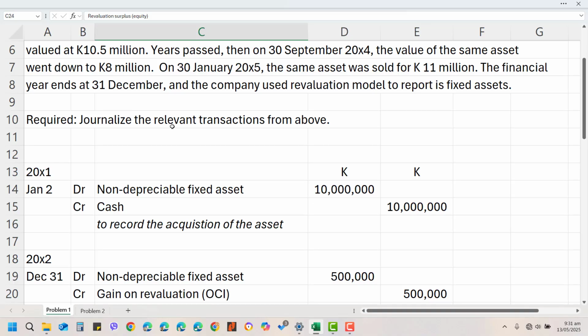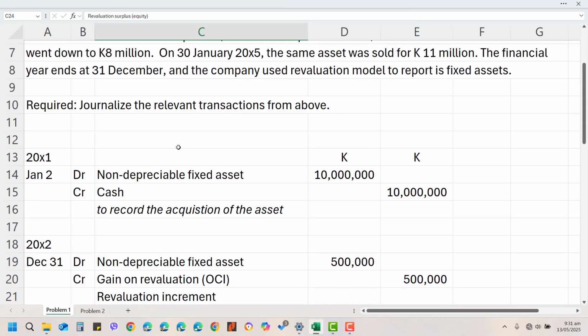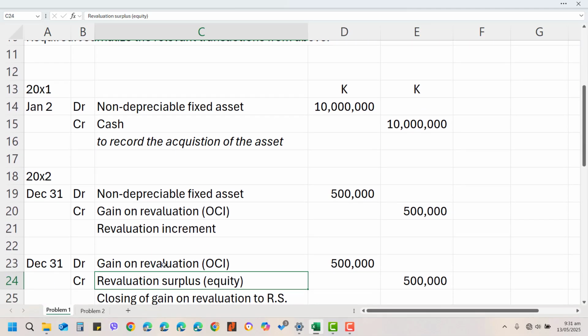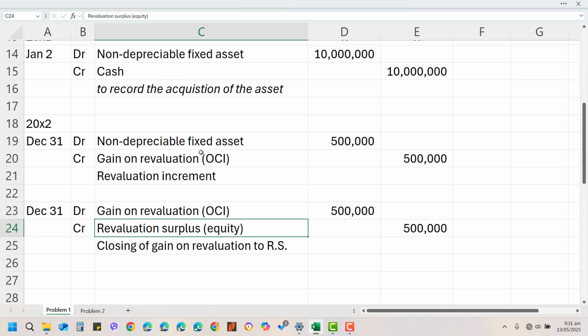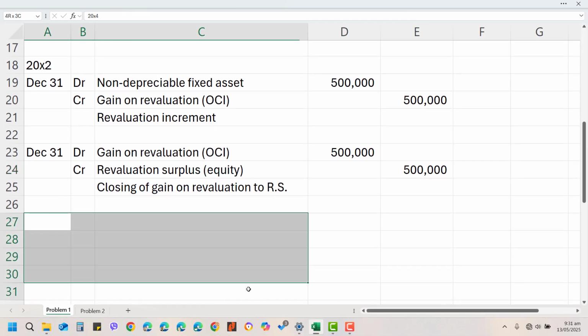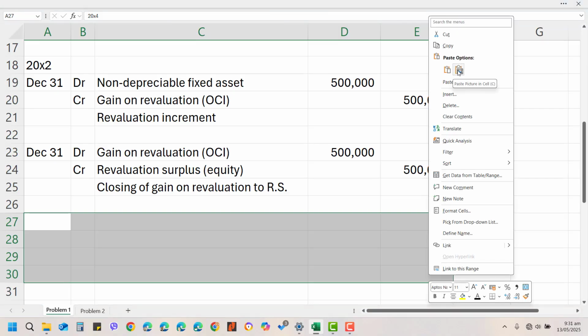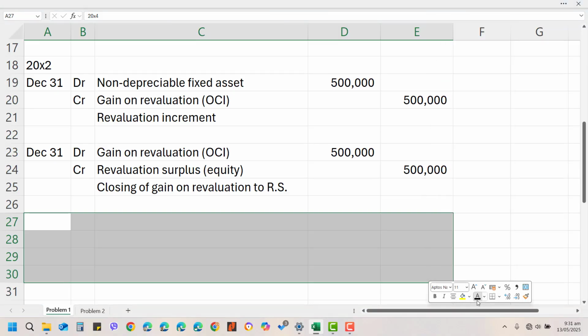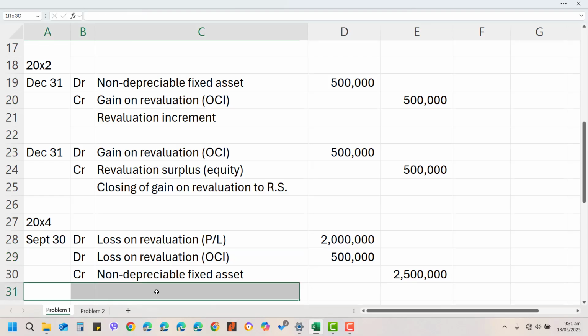But as you can see here, you recognized a gain on revaluation and you closed that gain to revaluation surplus because you had an increase in value from 10 million to 10.5 million. So in recording this revaluation decrement, it is important for us to recognize that we had the previous gain on revaluation.